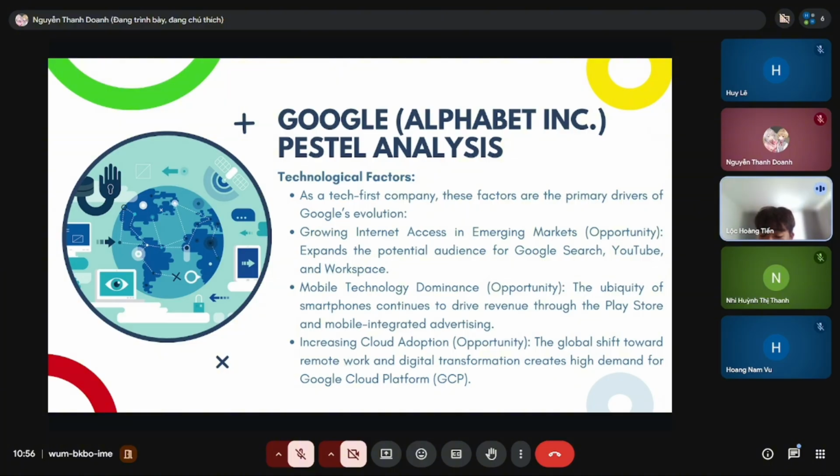Mobile technology dominance: the ubiquity of smartphones continues to drive revenue through the Play Store and mobile integrated advertising. Increasing cloud adoption: the global shift toward remote work and digital transformation creates high demand for Google Cloud Platform.